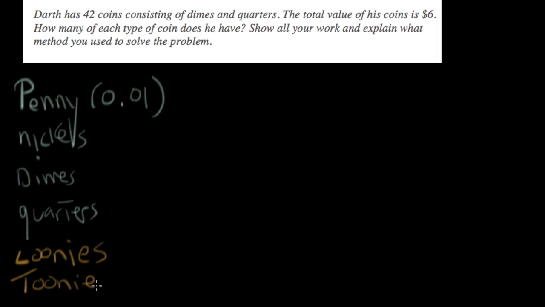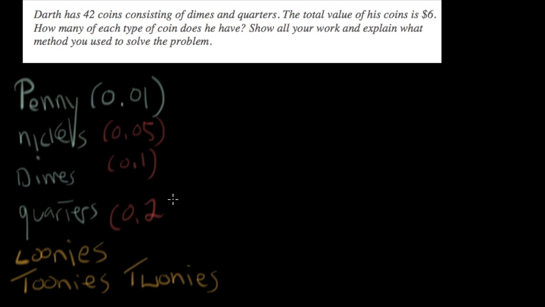I'm not too sure how it's spelled. But the important thing to know is what they actually are as decimals. So a nickel is 0.05, a dime is 0.1, a quarter is 0.25. A loonie is another word for $1. And if that's a loonie, a toonie is $2. And this is in Canada.